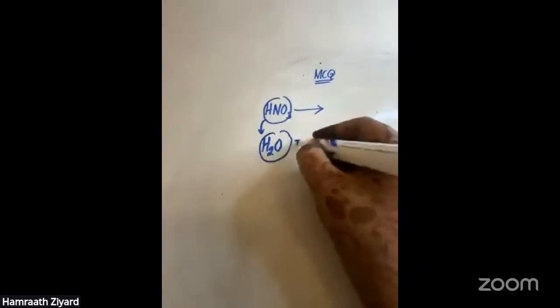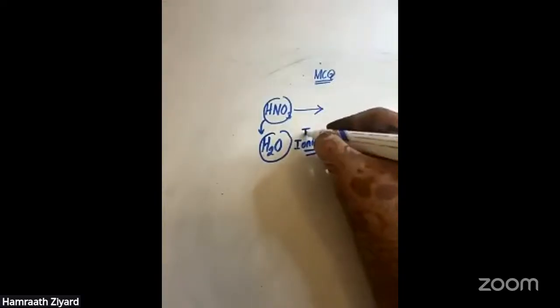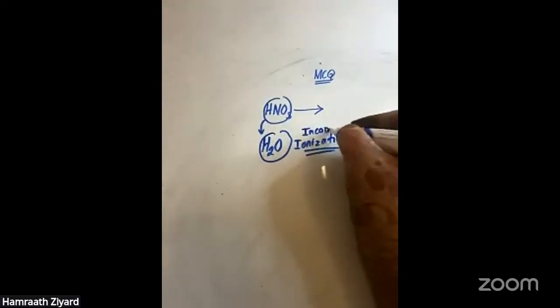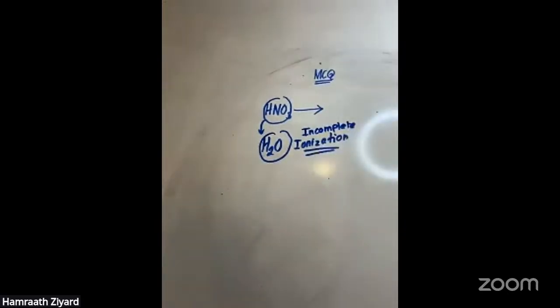So what you have to understand is water also will undergo ionization. If the water is undergoing ionization, it will always undergo incomplete ionization. So this is the nature of the water. Water can't undergo complete ionization. It can only undergo incomplete ionization.